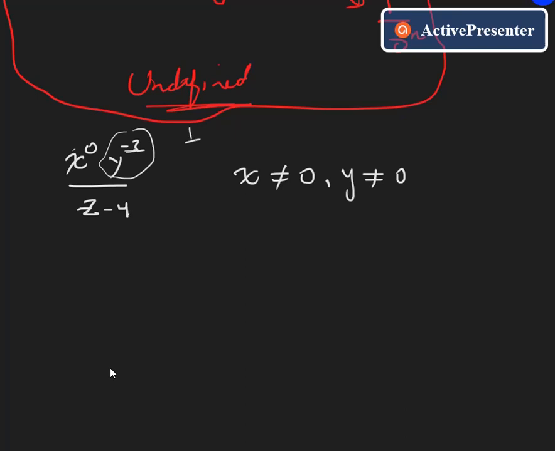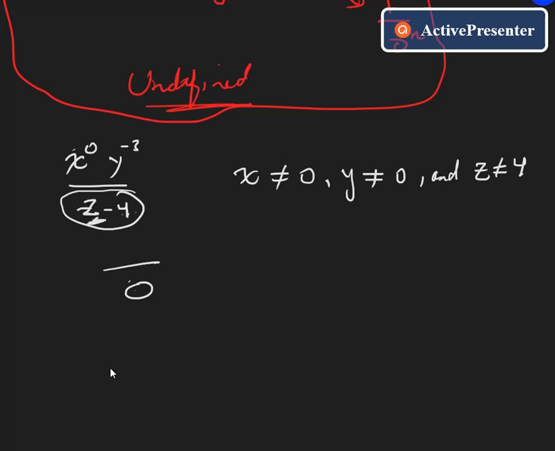It would be 1 over y to the cube. It would be 1 over 0 cube, which is undefined. Also, if you look at the base here, z cannot be 4 because if you put z here 4, it would be 4 minus 4, so the denominator will be 0, which is unacceptable.